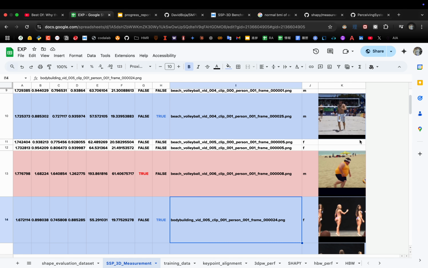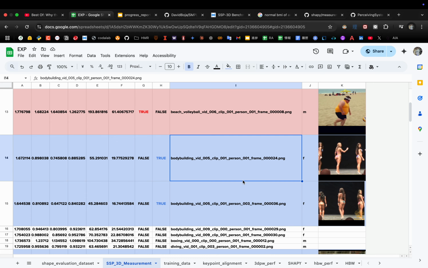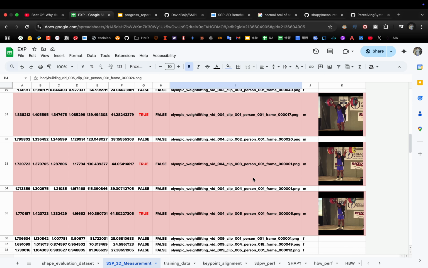But in this case, somebody is more fit and somebody may be more corpulent in terms of density. For weightlifting, this person may be more muscular, not fat, with stronger muscle tissues, so their density may be larger.